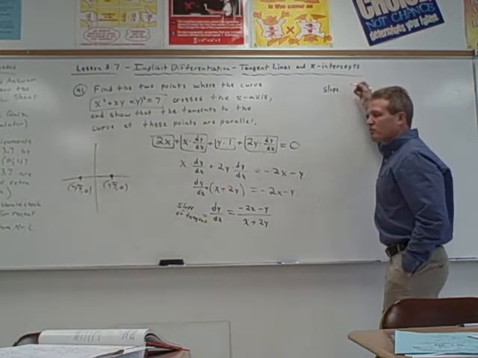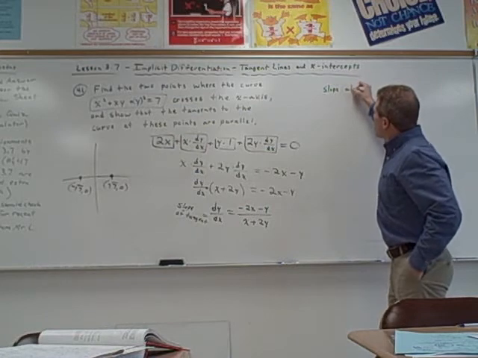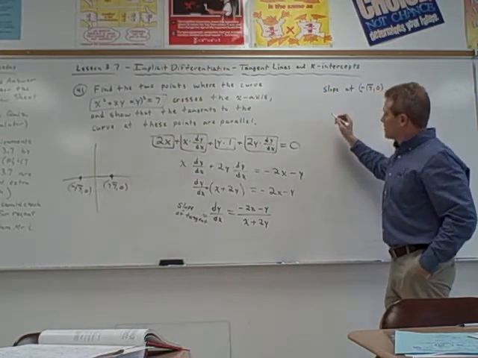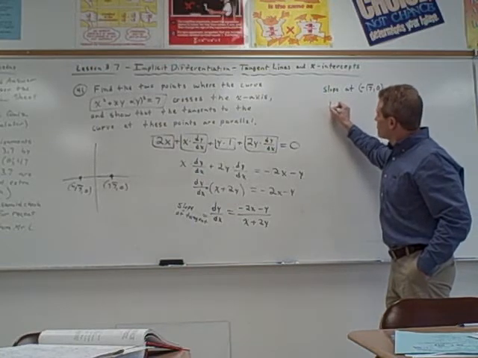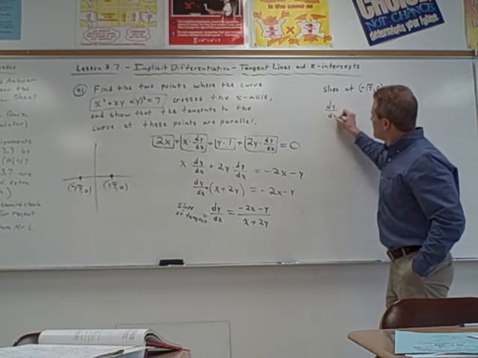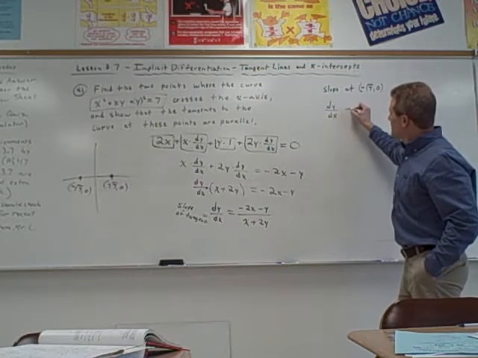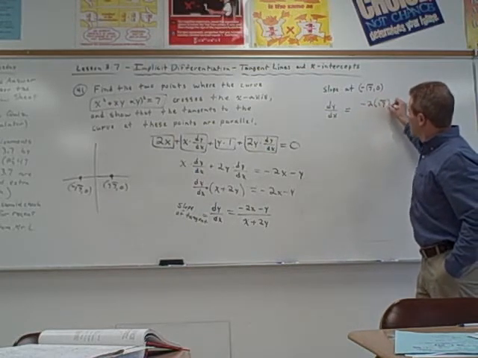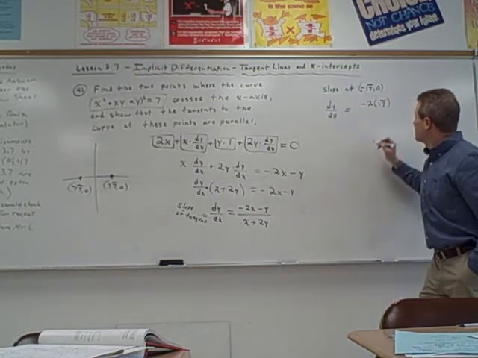Let's find the slope of the tangent line, which is also the slope of the curve, at the point negative square root of 7, 0. So all I'm going to do is, into my derivative, plug in negative square root of 7 for x and 0 for y.